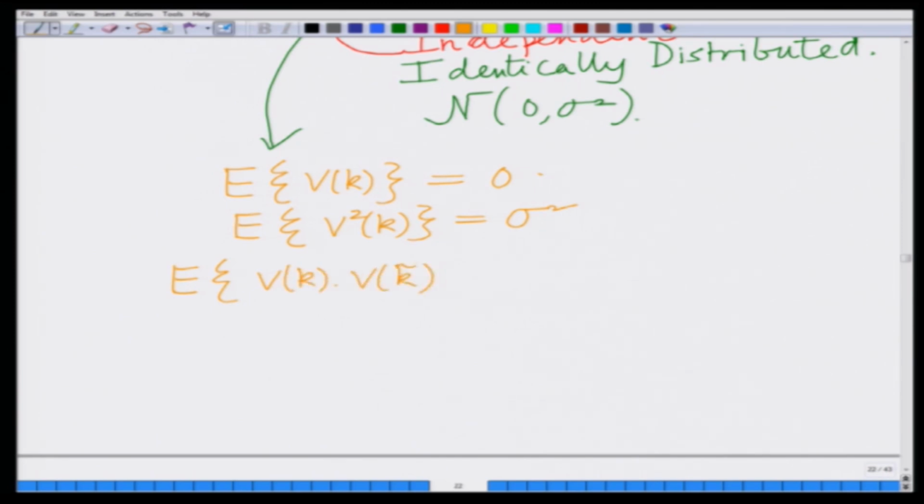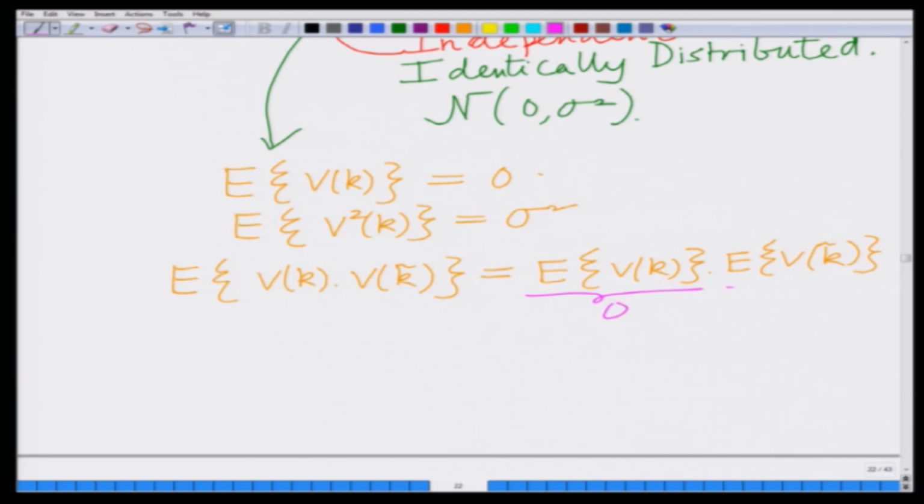Further, since the different noise samples are independent, the expected value of Vk times Vk tilde equals the expected value of Vk times the expected value of Vk tilde if k not equal to k tilde, and each of these expected values is 0.